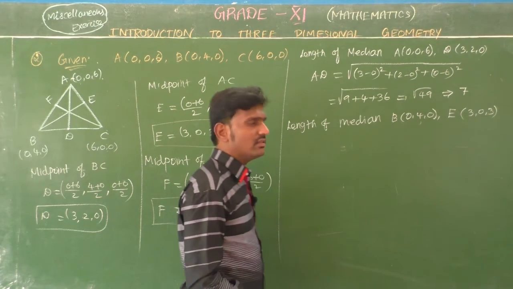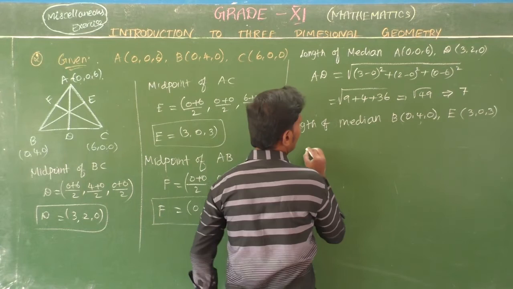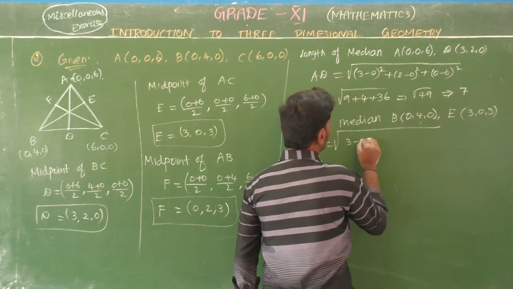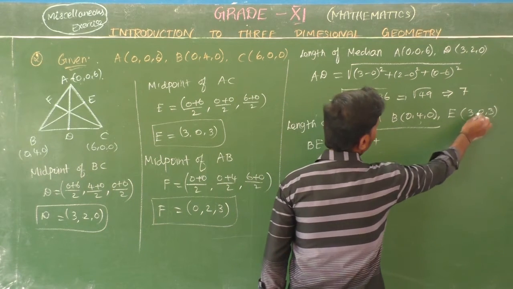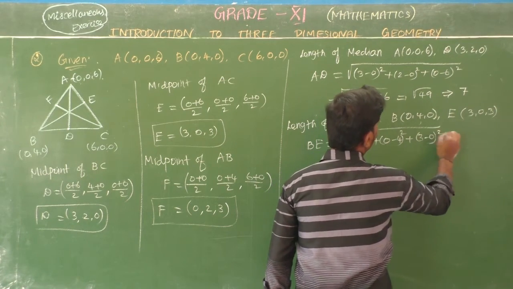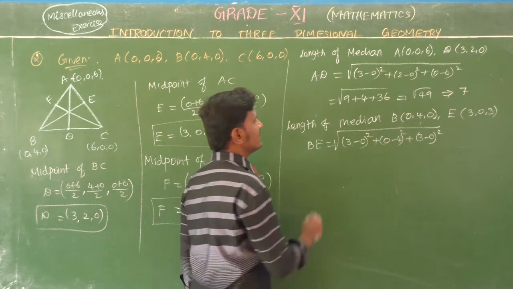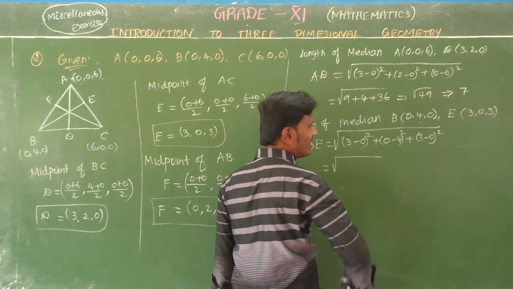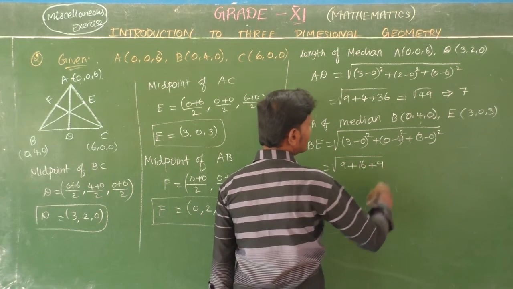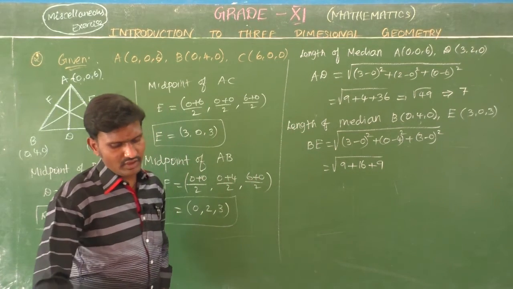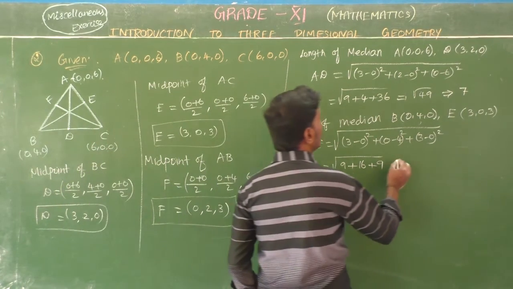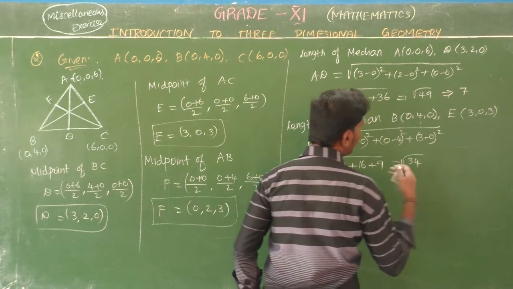BE equals the square root of (3 minus 0) the whole square plus (0 minus 4) the whole square plus (3 minus 0) the whole square, because you know the formula. So 3 square is 9, 4 square is 16, plus 3 square is 9. So 9 plus 9 is 18, and 18 plus 16 is 34. We can't simplify the square root of 34, so keep it the same.